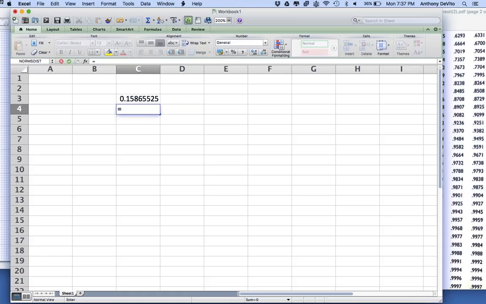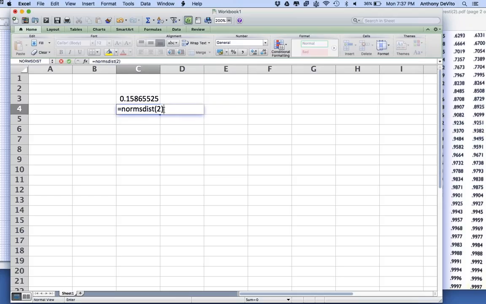So if I gave it equals NORM.S.DIST, parentheses, a z-score of +2, remember +2 is very close to 95%, 95% between +2 and -2. So if 95% is in the middle, that means there's 2.5% in the tail at the top and 2.5% in the tail at the bottom.